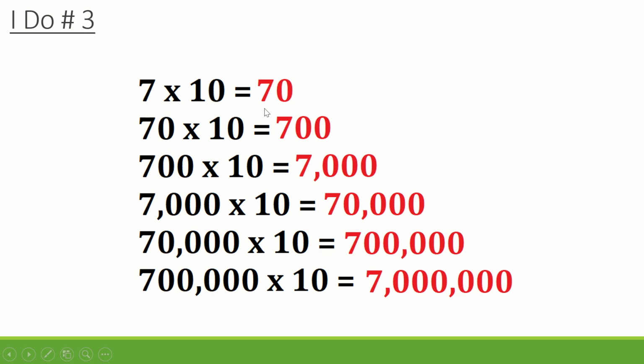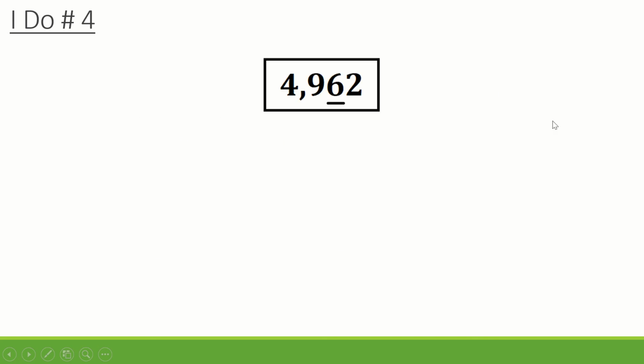So 7 becomes 70, 70 becomes 700, 700 becomes 7,000, 7,000 becomes 70,000, 70,000 becomes 700,000, and 700,000 becomes 7 million. And so what we're really trying to illustrate here is that a number that's 10 times greater than 7 is 70. A number that is 10 times greater than 70 is 700, so on and so forth.